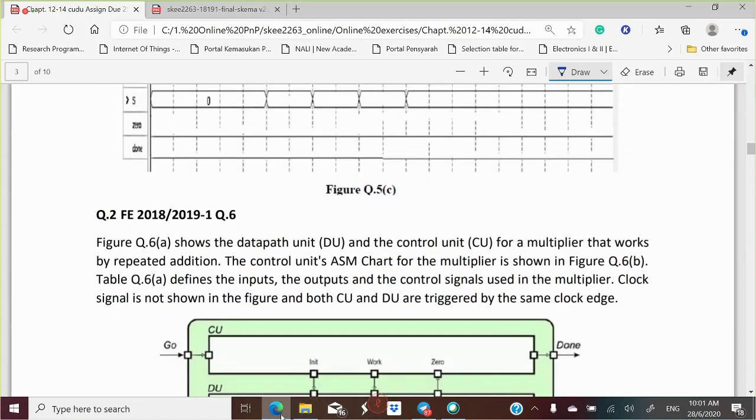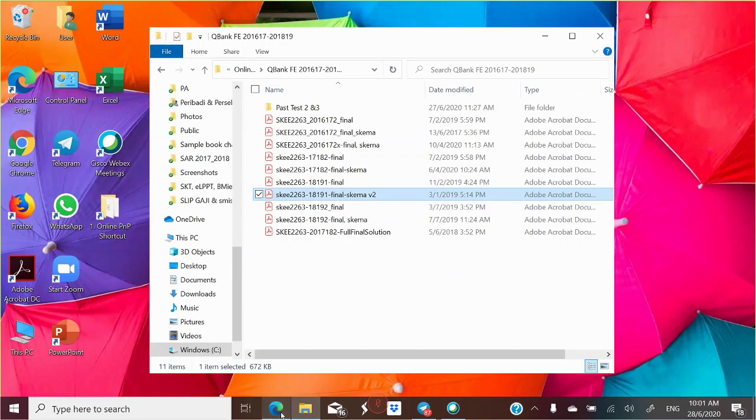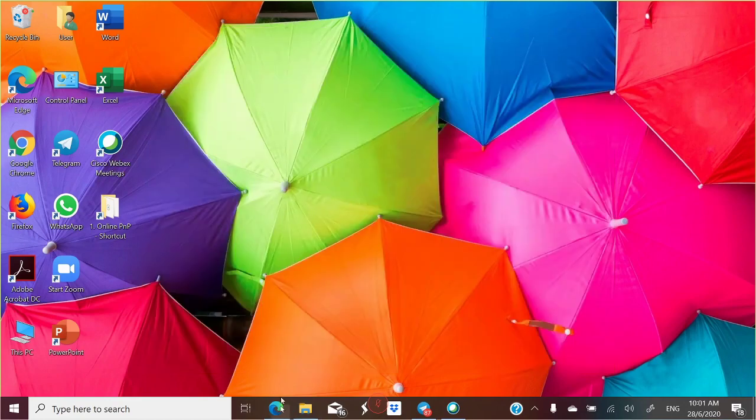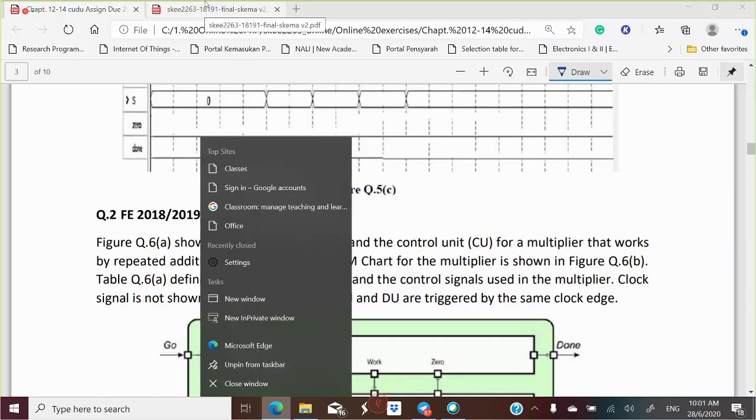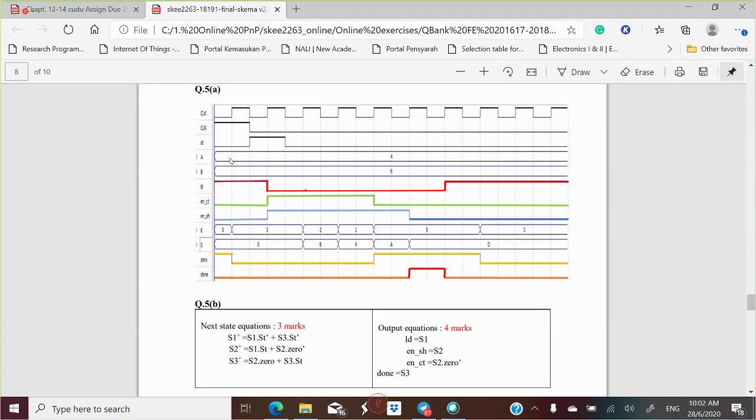So if I go back to the other one, the scheme, where's the answer just now? Wait. Oh, we got here. So if here you have start, you have load. Initially you have load.